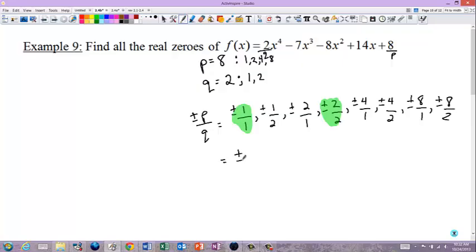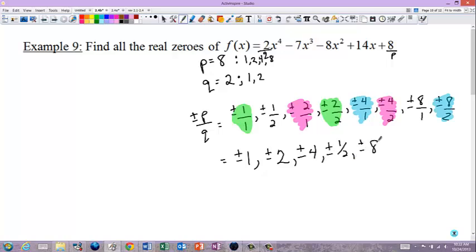It'd be plus or minus 1, then 2 over 1 and 4 over 2 are the same, so plus or minus 2. And plus or minus 4 over 1 and plus or minus 8 over 2 are the same, so that's plus or minus 4. And then plus or minus 1/2, plus or minus 8.